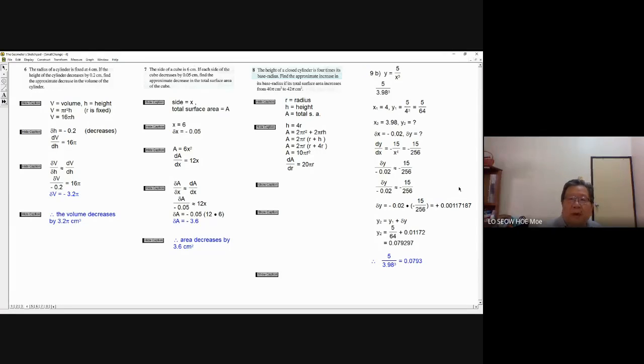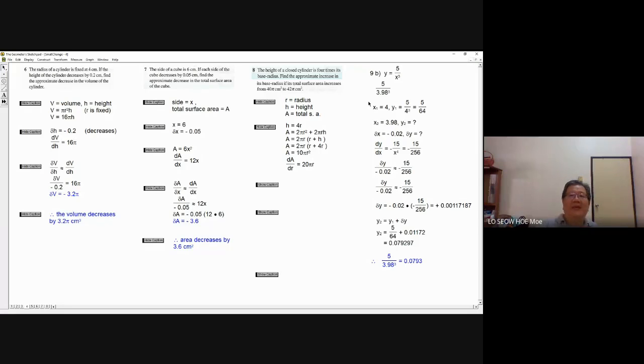Now this one you keep first. Then we look at the question. 40 pi and 42 pi. This is the increase in area. This is A1, this is A2. Where is R1, R2? Now it's the other way around. They give you the A, they ask you to find the r.